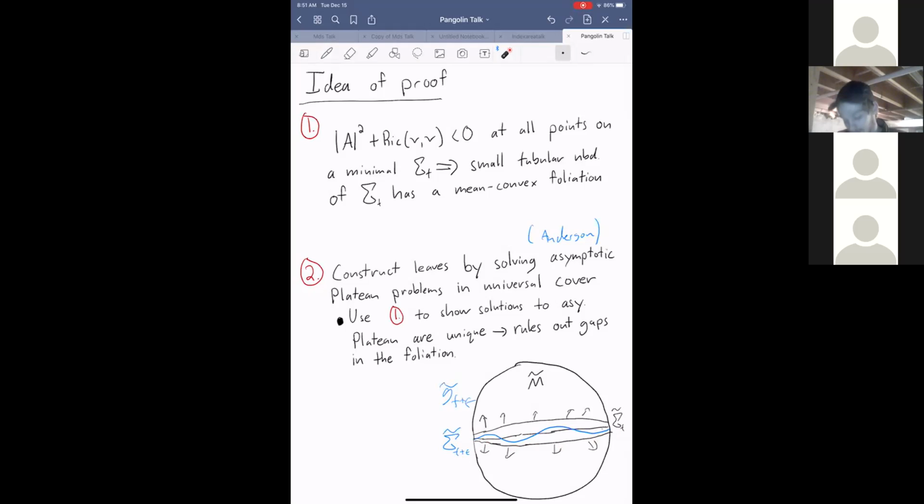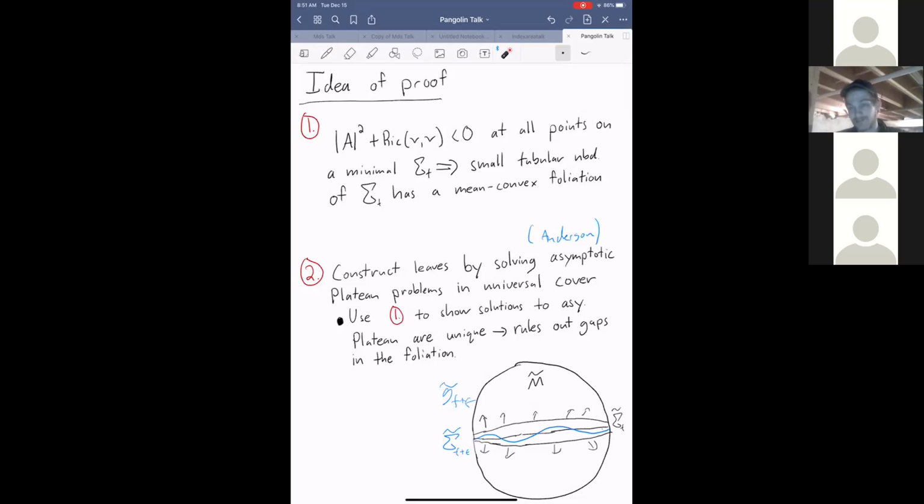So what we're going to do here is take circles in sigma sub t tilde going off to infinity, and for each of these circles we solve the Plateau problem, defining minimal disks that bound these circles.